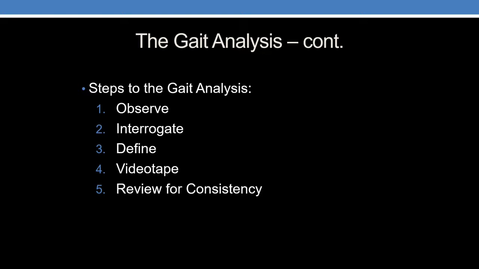Number 4 is to videotape any gait disturbance that you may find to be present. And then number 5 is to review all your findings, including your videotape, later on your own time, for consistency.